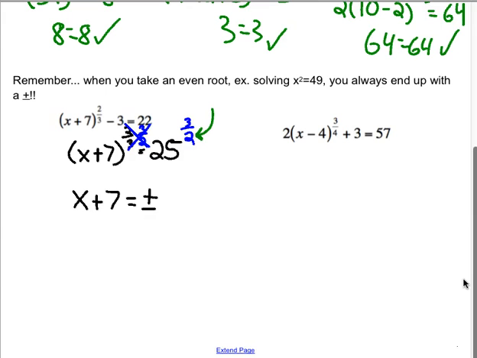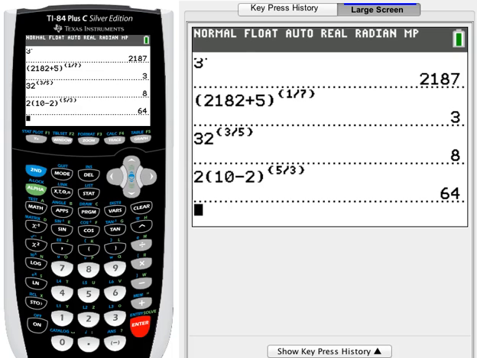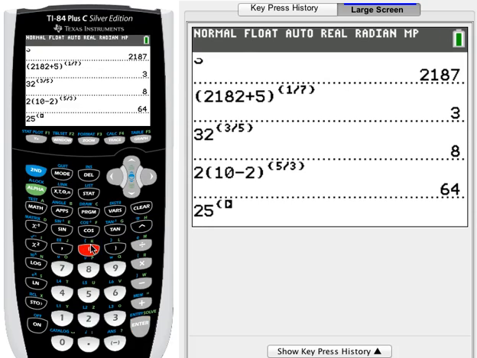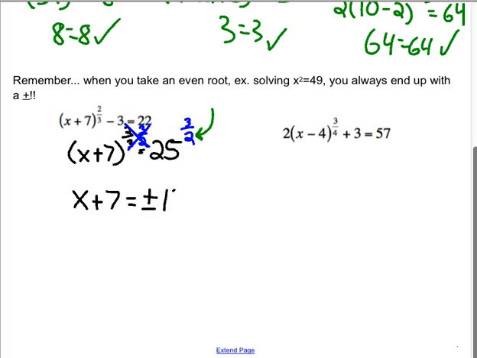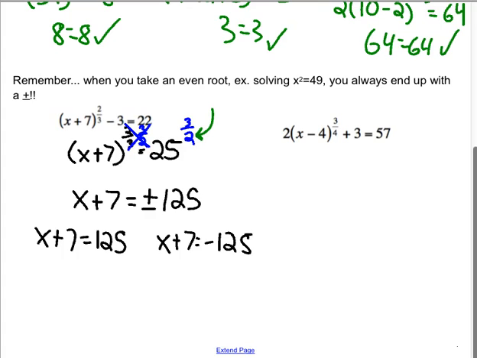Now, what is this one giving us? Well, 25 to the 3 halves. Let me just show you what that is. 25 to the 3 halves power. That's giving us 125. So what that means is right now, I really have two equations happening. X plus 7 is 125. X plus 7 is negative 125.